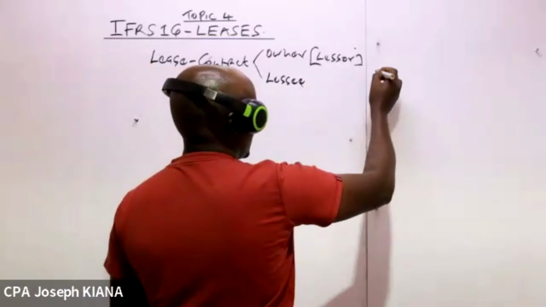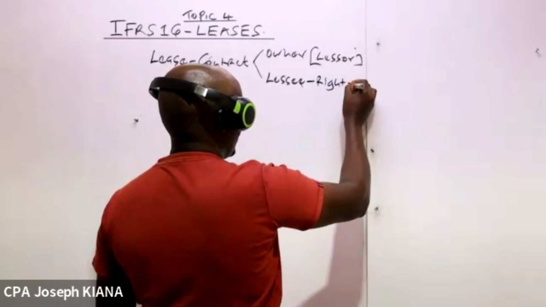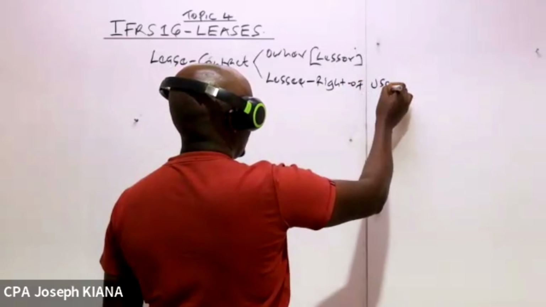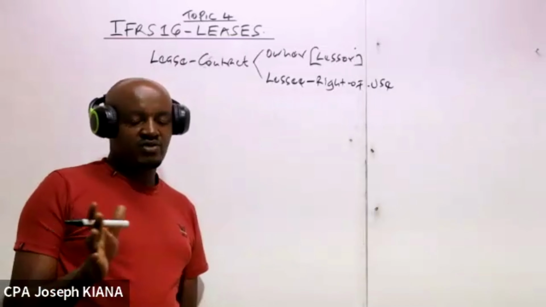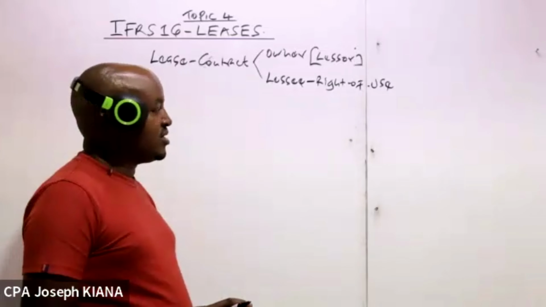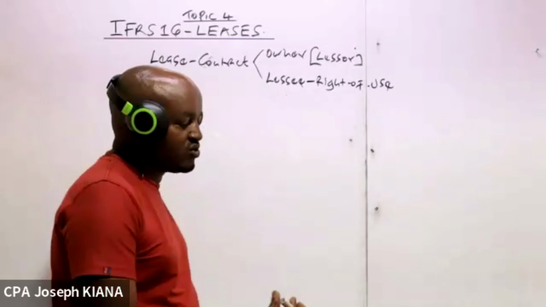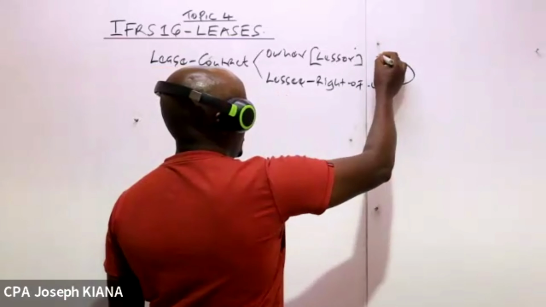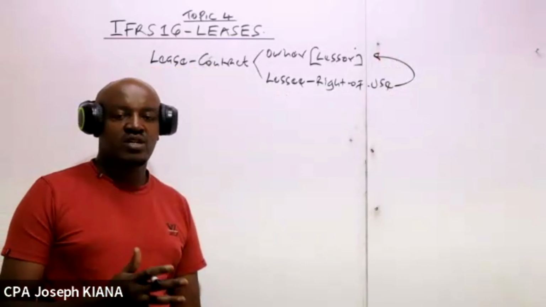In this particular contract, the lessee will be given something called the right of use. When we talk about the right of use, this is whereby you'll be given the right to use an asset which belongs to another person. And this person will be required to pay some periodical payment to the owner of the asset as a result of using that asset.